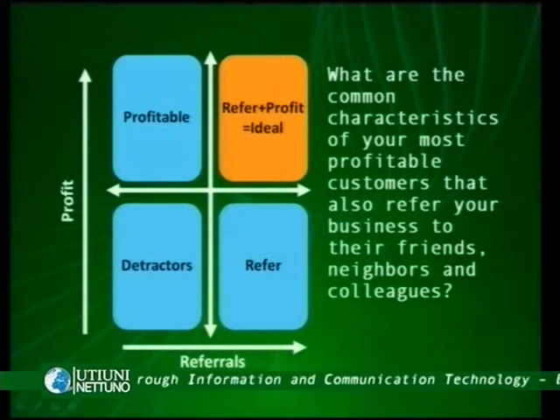Now, the detractors, if you look at the bottom left-hand side there, the detractors are those people who you should not be dealing with, or people that are not so profitable, that are basically taking so much of your time and resources, and whatever you do for them, they'll never be happy.